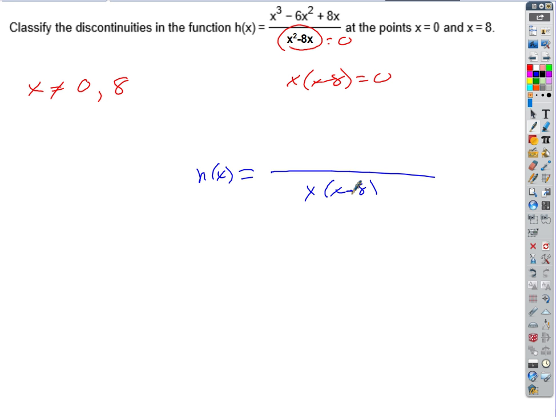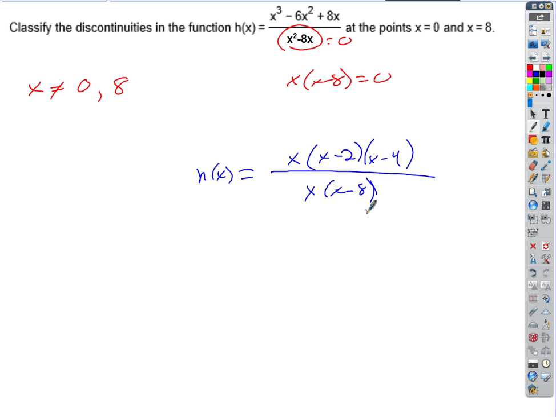Kirk, what do you think? You find the zeros at the top. So if I factor out an x, then I'm left with x squared minus 6x plus 8. So what am I going to get there? 2 and 4. So I'd have x minus 2 and x minus 4, right?